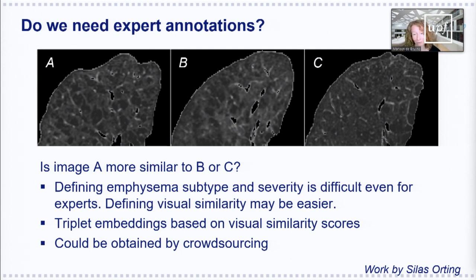And we assessed whether non-experts can do this, and whether the models trained on that actually provide helpful information for quantifying emphysema. And if that works, we could simply obtain annotations by crowdsourcing.